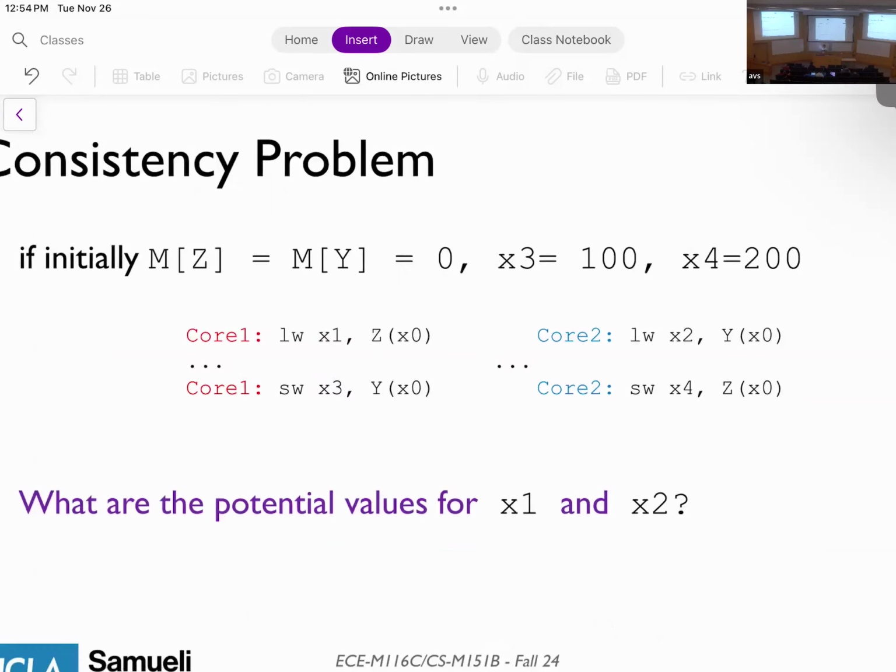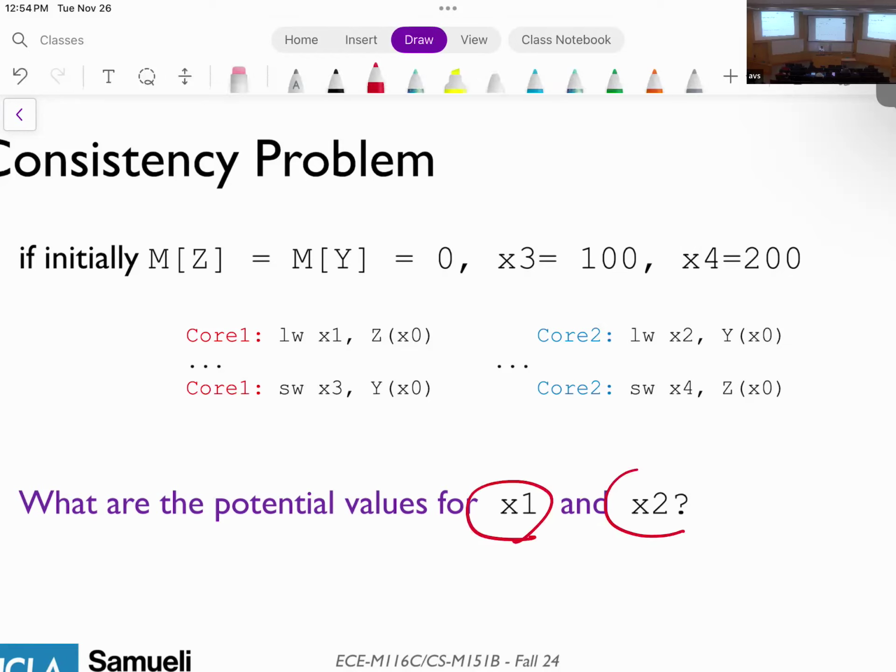Imagine a scenario where we have two cores, trying to write and read from two addresses, Z and Y, and they're also writing things to those addresses. The problem is that the values of x1 and x2 will depend on the ordering of these instructions.